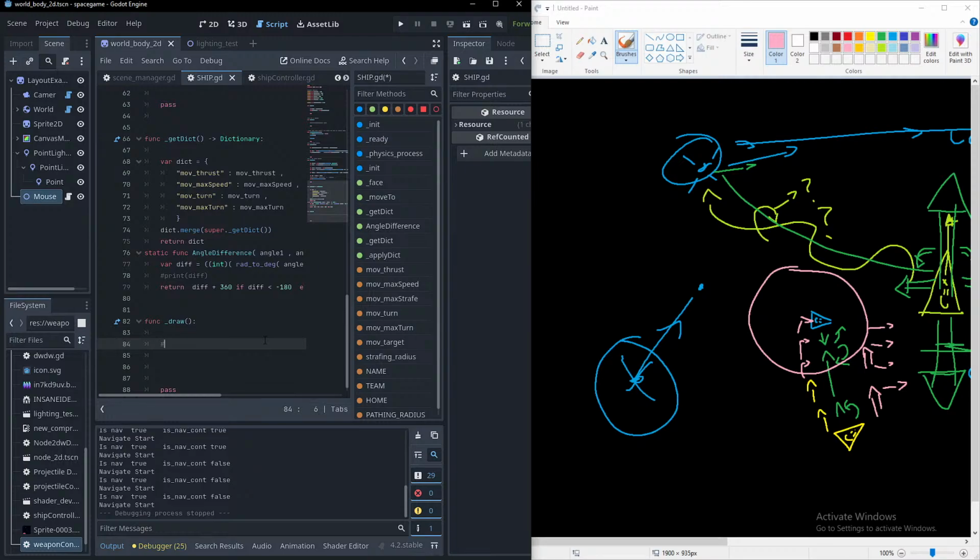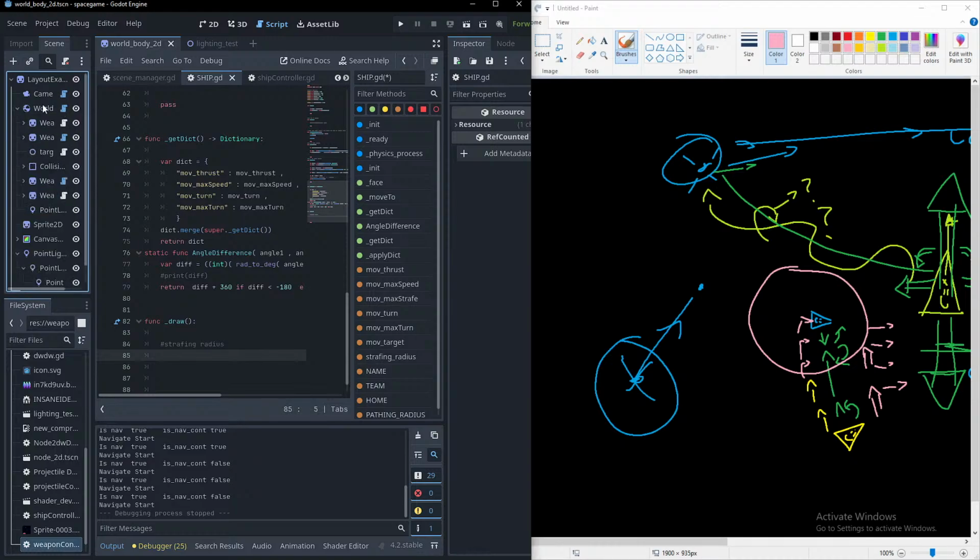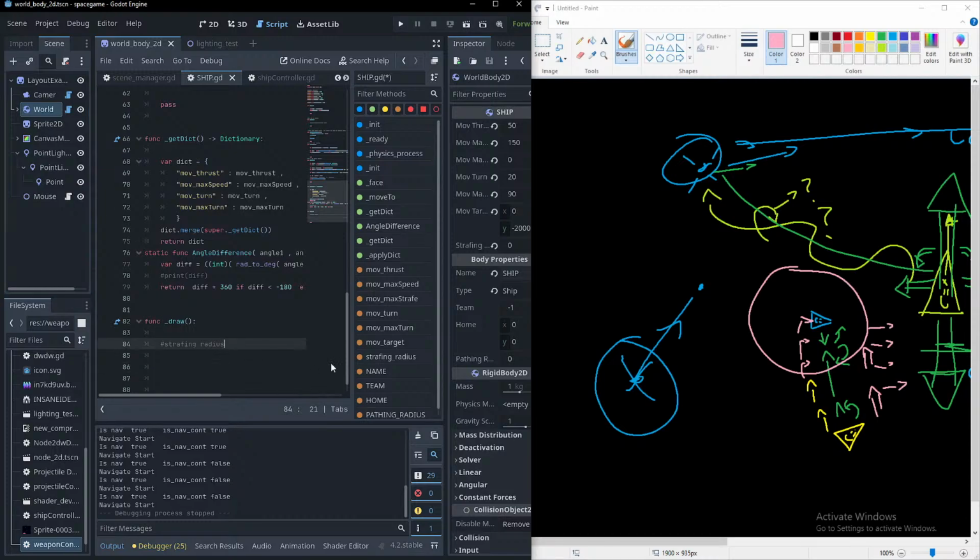Oh, it's target reachable. Oh shit. Okay, so doing is target reachable. Oh yeah.